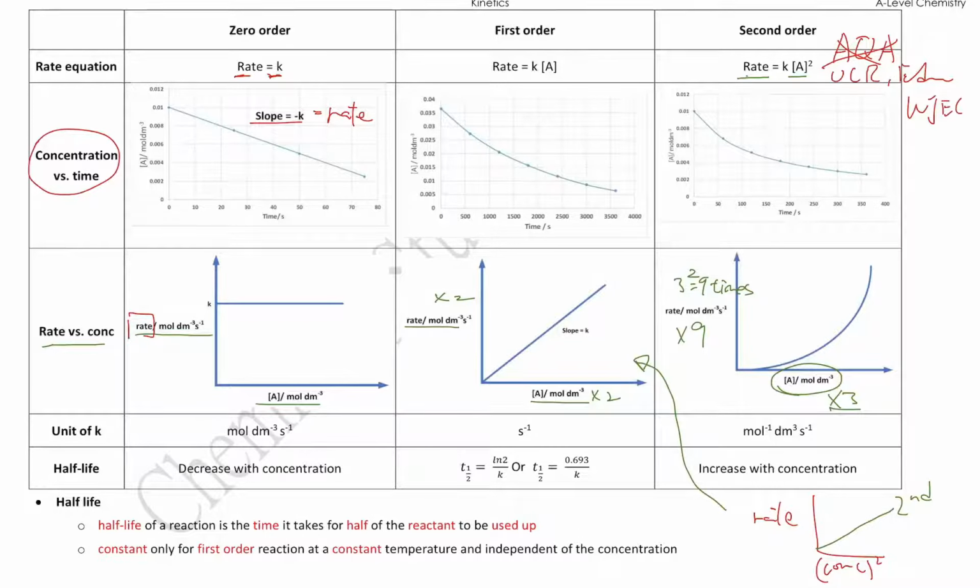If you are one of those students, then you can learn how to distinguish between first order and second order. If you're studying AQA, then you can skip this technique.